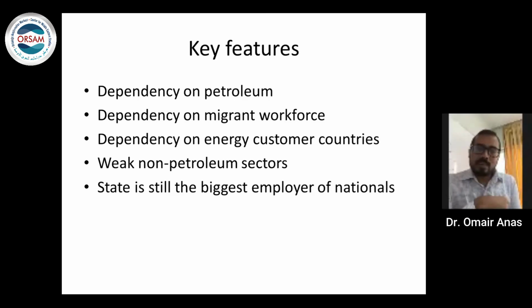After the price of oil has gone down from $140 to only $30, and just 3 months before it was almost $20, it means that their total income is going to be almost devastated. For example, if you see the budget of Saudi Arabia, they never had any deficit budget.